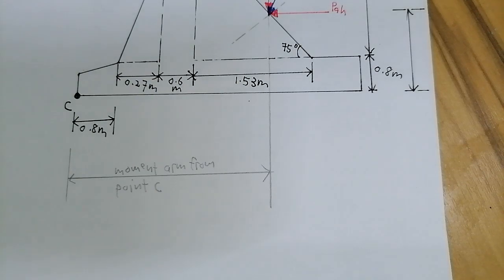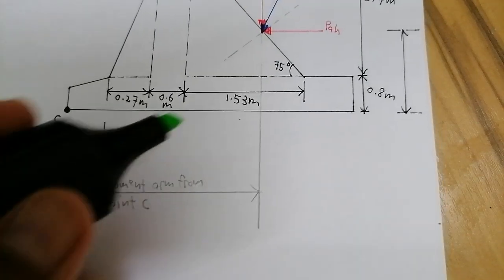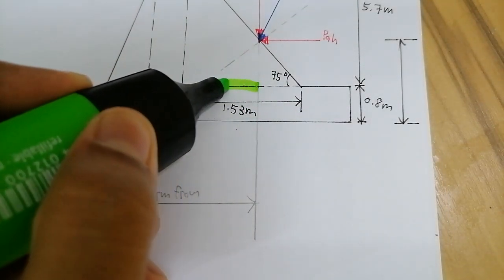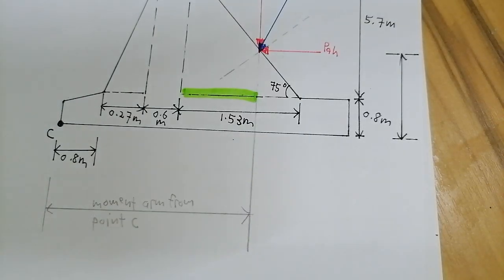I'm going to highlight it in green. We want to know this distance, isn't it? The one that is highlighted in green. I use a proportion method, or in Malay we call it kadaran method.